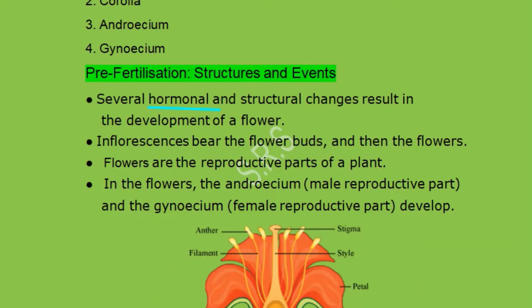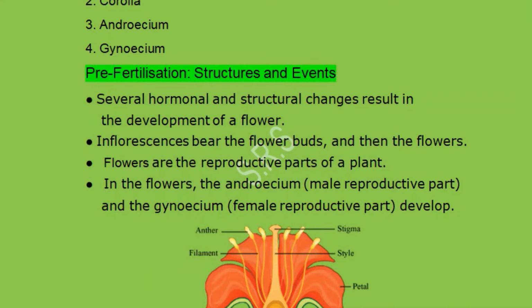So the appearance of the flower is because of the hormonal change. Another term we can see here is inflorescence. What is the meaning of inflorescence? Inflorescence means arrangement of flowers.